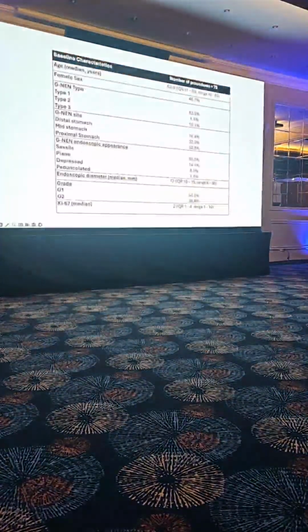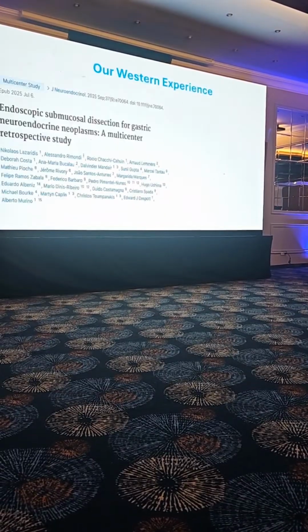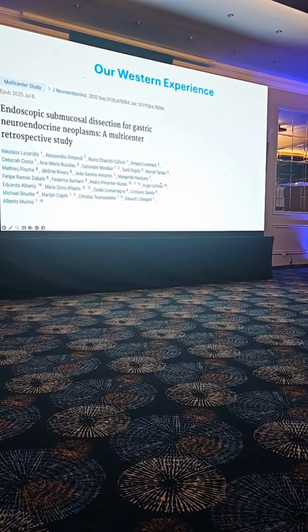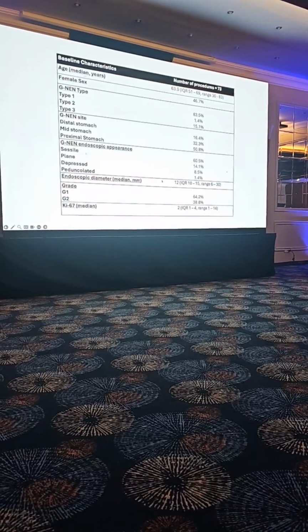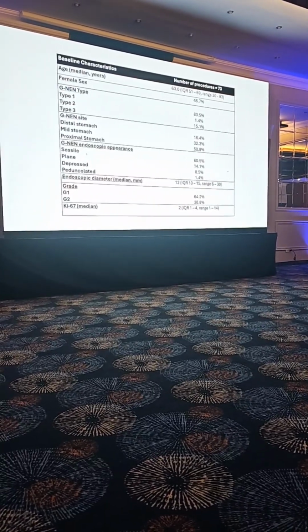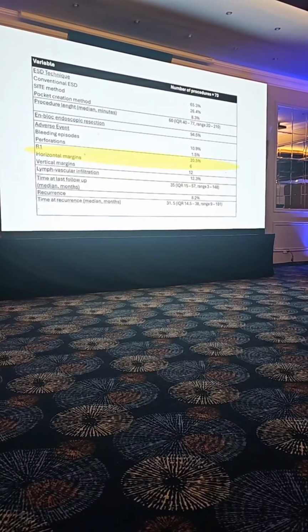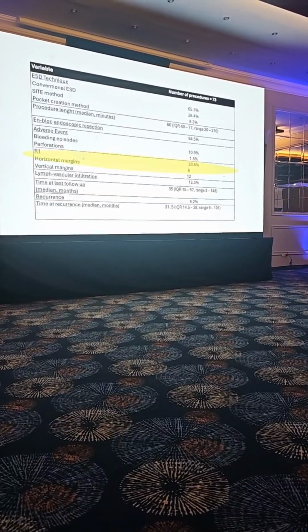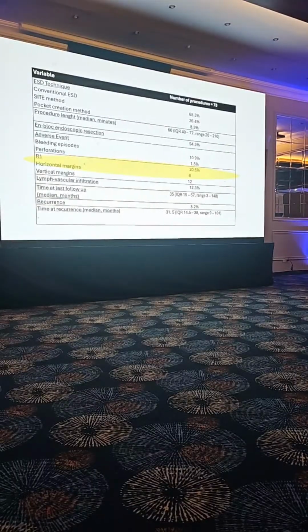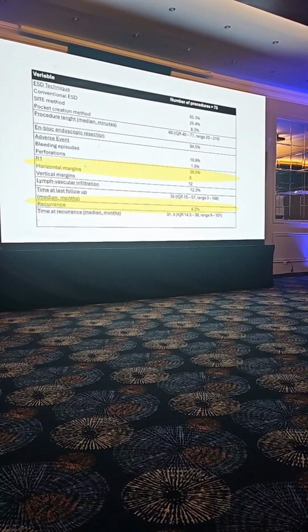And now, we also did a study where Marcel also took part. This is one of the largest multicenter retrospective studies of gastric ESD for NETs, and what we found is that we achieved endoscopic R0 resection in 80% of the patients, but vertical resection was R1 in 12% of the patients.